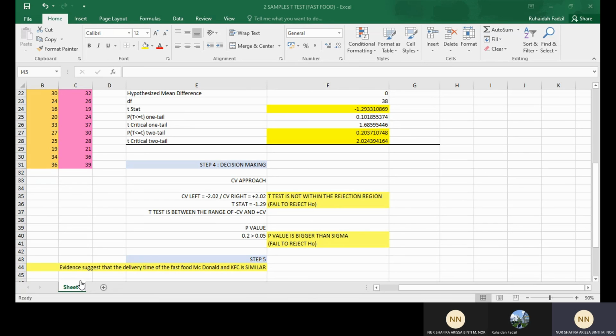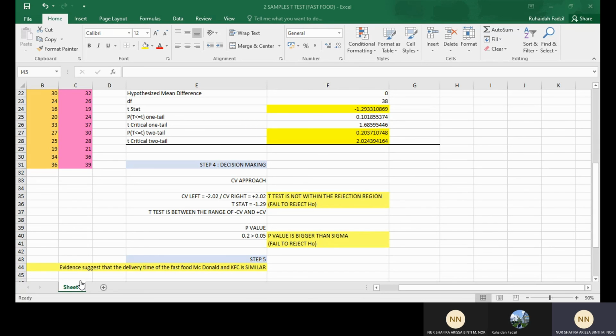We fail to reject H0 because the t-statistic is between the positive and negative critical values. Next, for the p-value, the p-value of two tails, 0.2, is bigger than 0.05, which is the sigma. The p-value is bigger than the sigma, so we fail to reject H0.